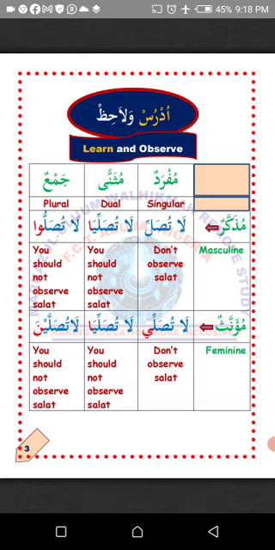So if they are more than two, all you need to do is to replace ya'un in la tusalli with nunun carrying fataha. Then you give sukun to the letter before it. So the verb la tusalli will now become la tusallayna. La tusallayna, which means you should not observe salah, commanding a group of female persons. La'alaka fahimt? I hope you understand. MashaAllah.